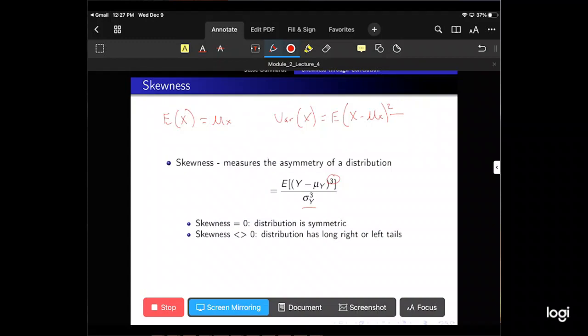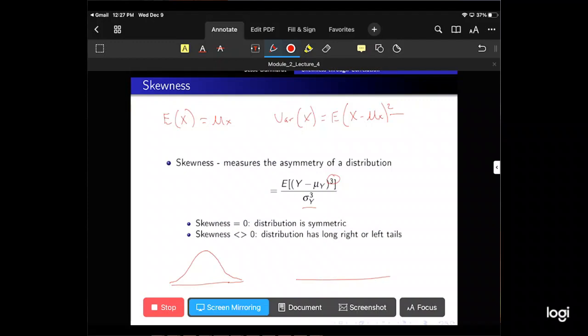The skewness is a measure of the asymmetry of a distribution. A skewness equal to 0 is a symmetric distribution. Let me draw an example. If I had a perfect hand, this would be a perfectly symmetric distribution.